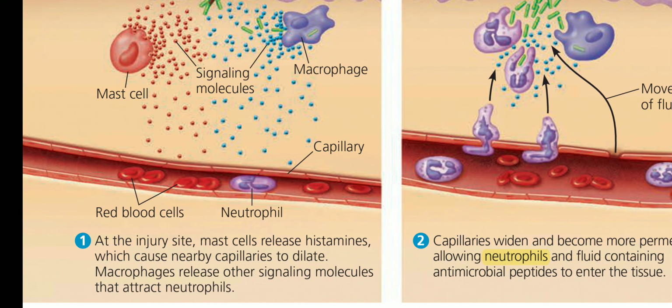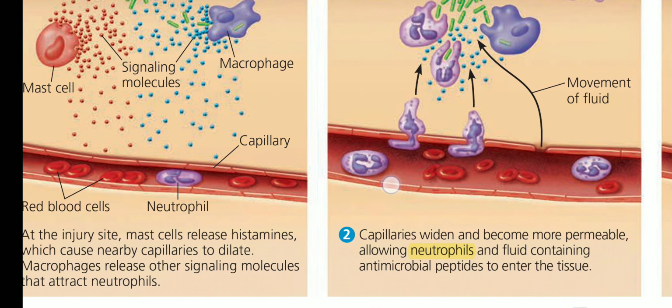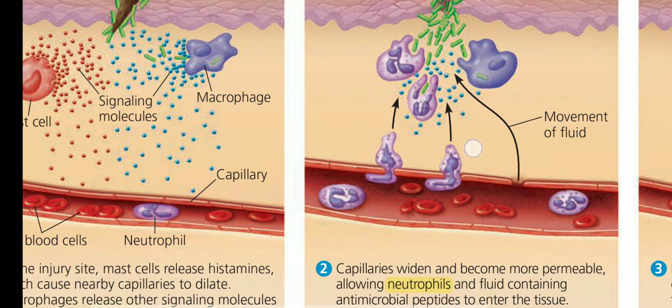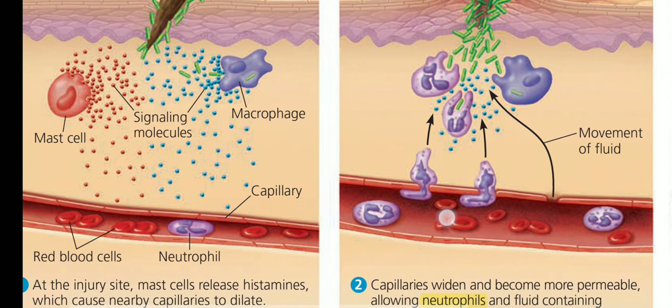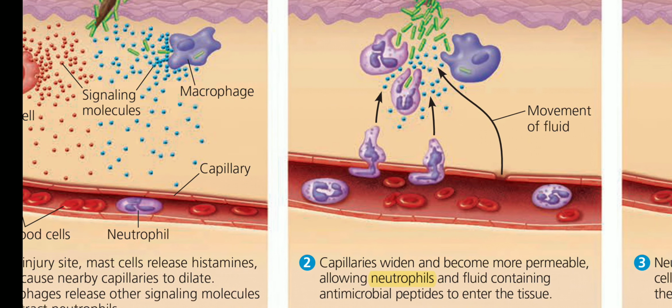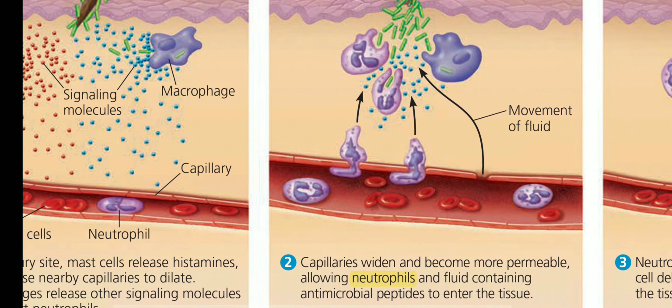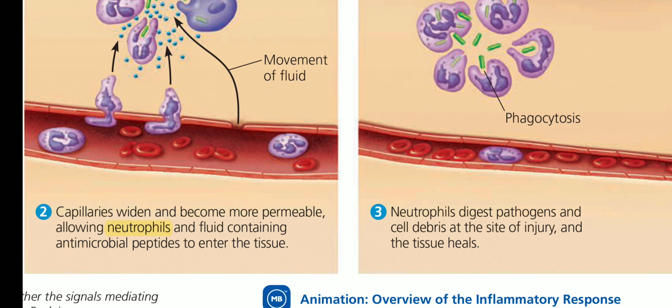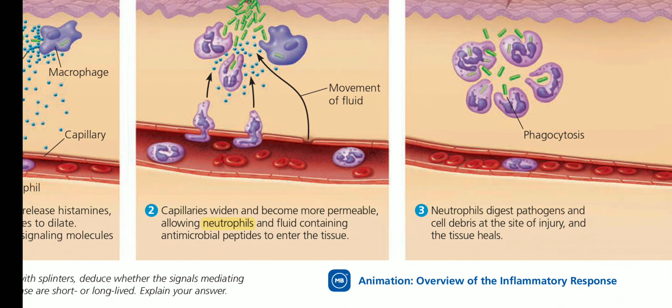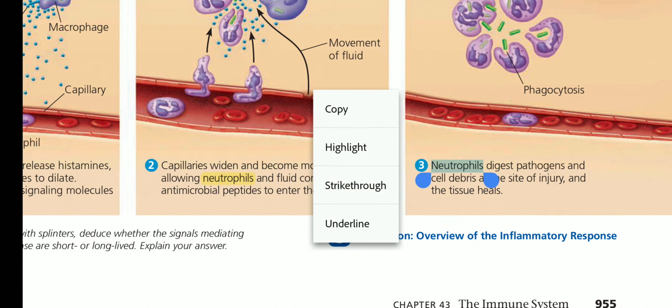The macrophage's signaling molecules attract the neutrophils in the capillary towards this wound. The mast cell produces histamine, which causes dilation of the vessels and pore formation in the capillary, helping the neutrophils come out into the tissue. There they phagocytose the pathogens, bacteria, whatever, and heal the tissue. These neutrophils digest the pathogen and the cells divide to heal the body.